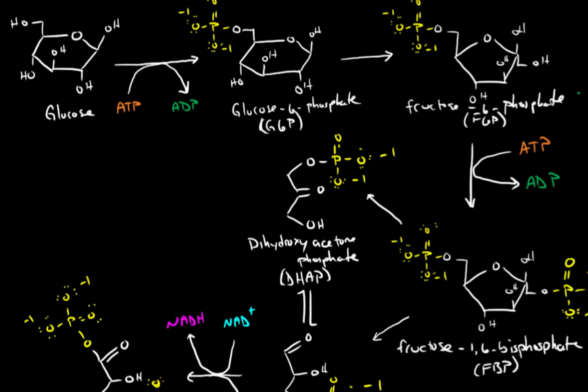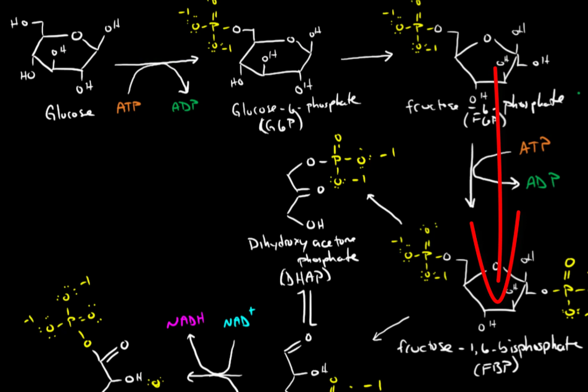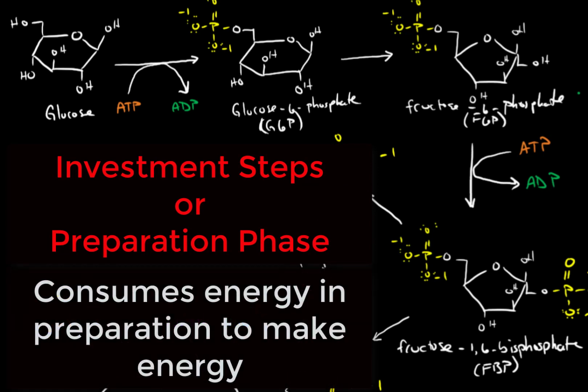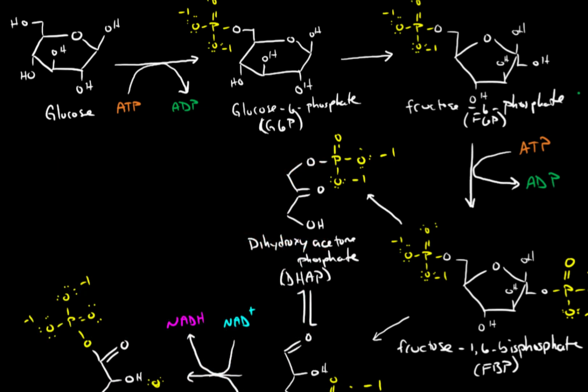These first 3 steps, converting glucose to fructose 1,6-bisphosphate, are called the investment steps, or the preparatory phase. We call them this because we're consuming ATP, but we're doing so in a way that prepares the intermediates to be able to make energy, to be able to create ATP. So this is the end of our preparatory phase.